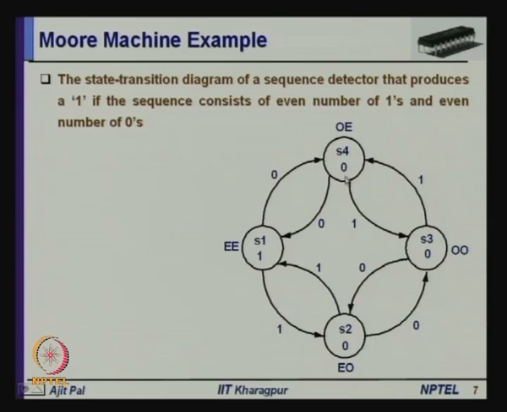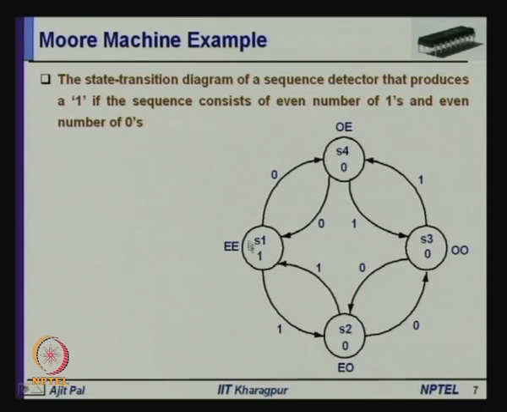It again has 4 states, starting with state S1 where both counts are even, since initially there is no input, so both are 0, which is even.